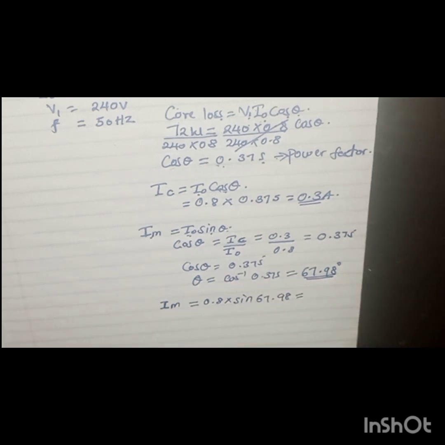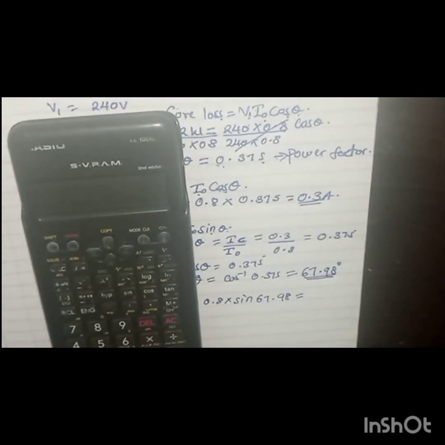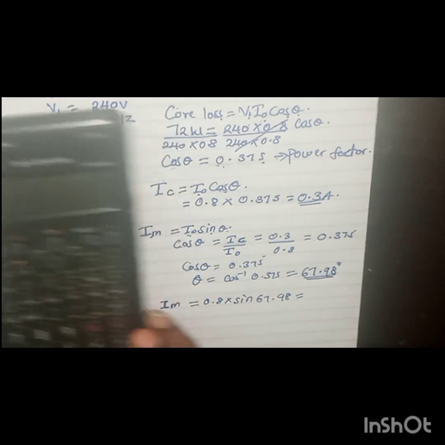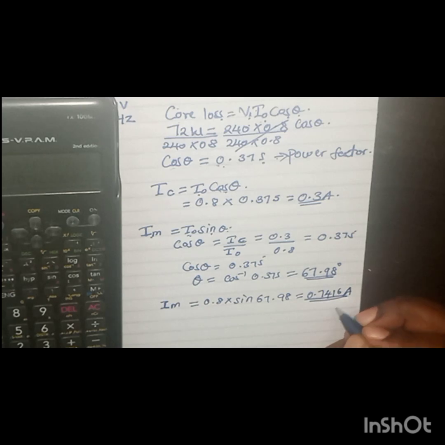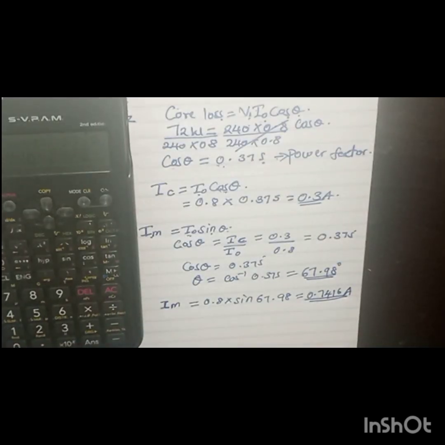When you compute this, 0.8 times sine 67.98, it gives us IM as 0.7416 amperes. That's what we have. So that's how we solve questions pertaining to the transformer on no load phasor diagram.